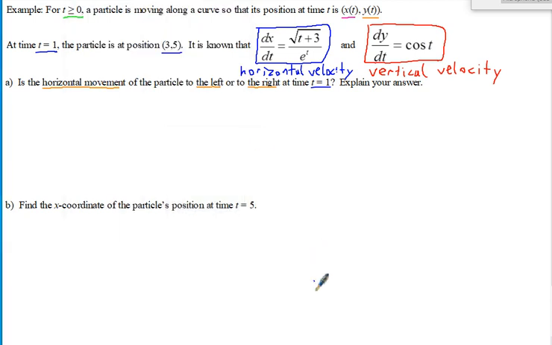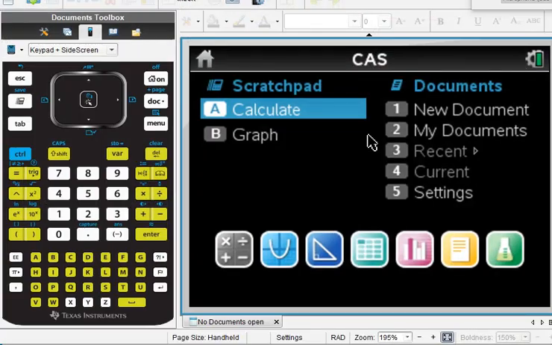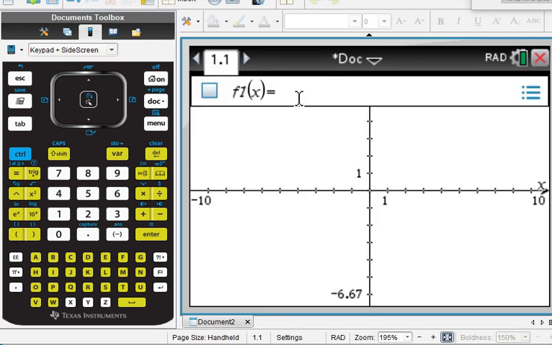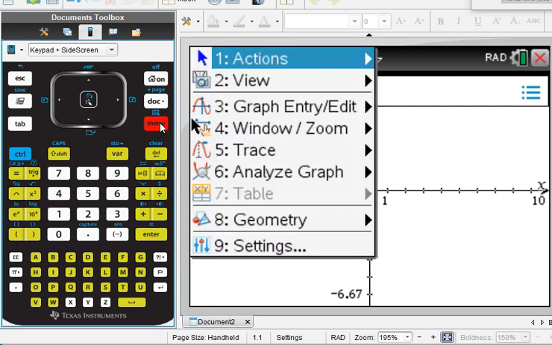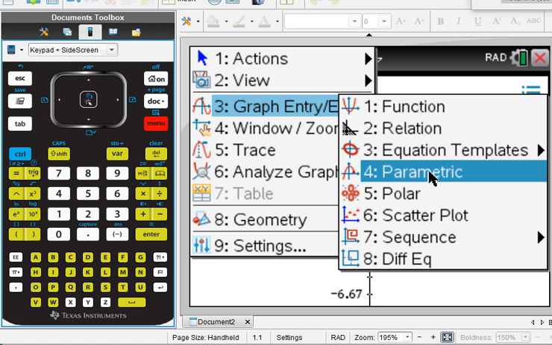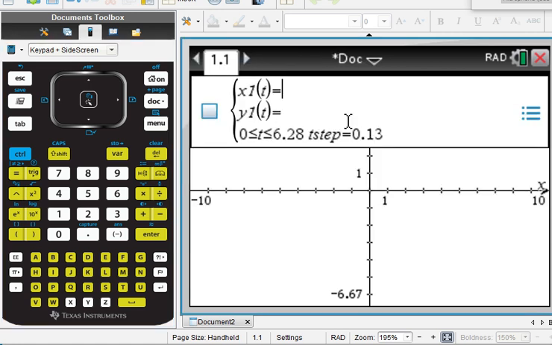And now let's go to the Inspire. See how you do that here. So new document, add graphs. Now it starts off in normal function mode, f1 of x. To switch that, you go menu, and then number 3, or whichever it's listed as, graph entry, and then go down to the little one that says parametric. And then it'll ask you to enter in x1 of t and y1 of t.